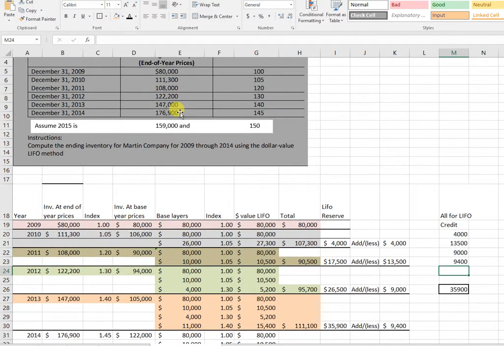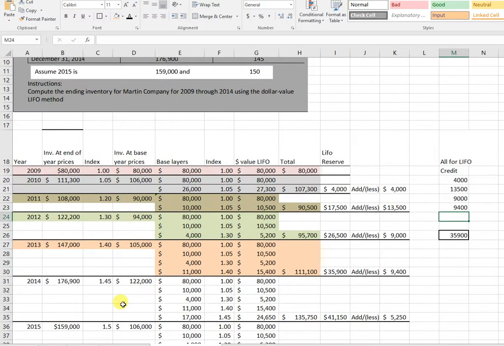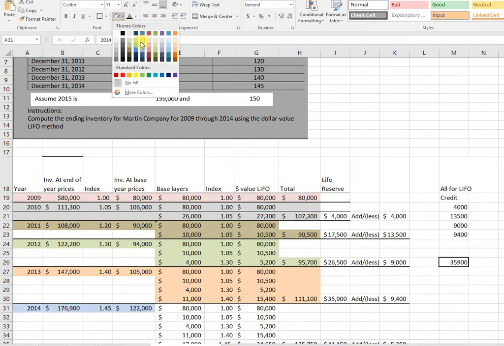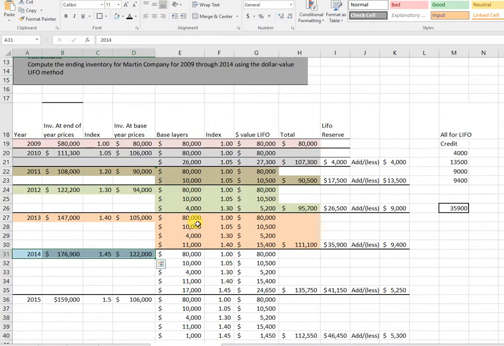Next one is 176,900. So again, I'm going up. So I'm going to have a layer there. So 176,900 and 145. I bring it back to the base year. Again, it's got to go lower because I'm removing the effects of inflation. I look, I have 80.